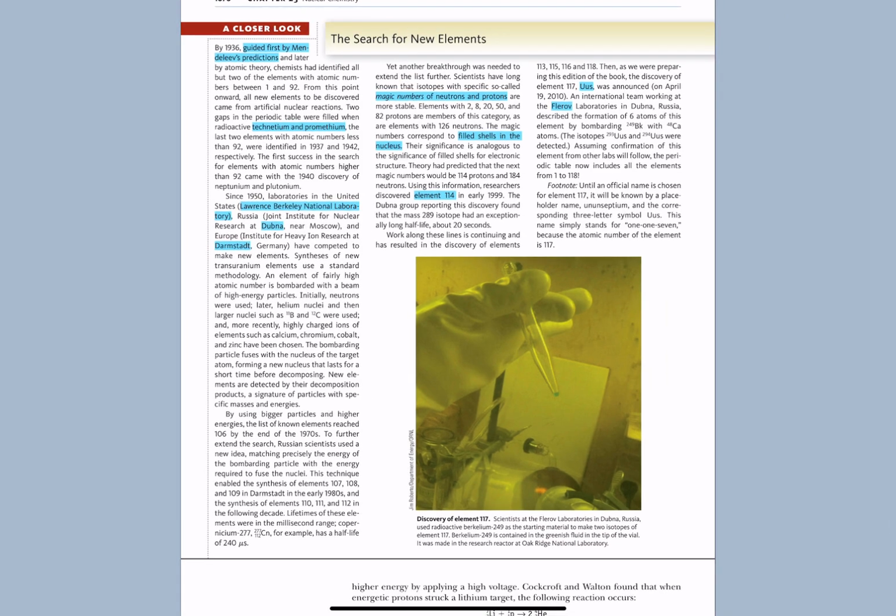And this leads right into the next page of our book, talking about how do we make these new elements? What are some of the challenges involved? What do we hope to learn from this? Of course, the more we learn, the more we're able to accomplish, the more we're going to understand the structure of the nucleus.